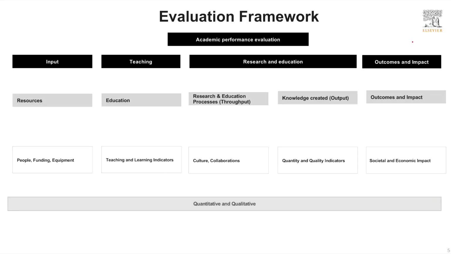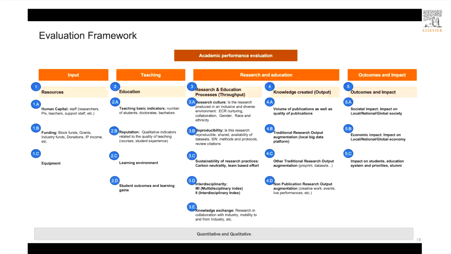And Elsevier has also been talking with the academic community in particular about what an academic evaluation framework would look like that was more comprehensive and holistic in nature. And this is just a skeleton of what we've constructed thus far, and it's built around 5 pillars. The far left pillar is the inputs that go into research, and you'll recognize that they're resource-based.